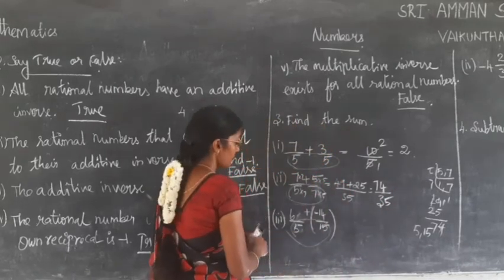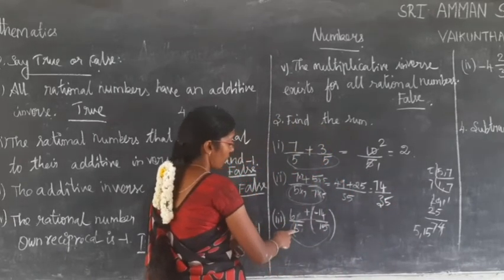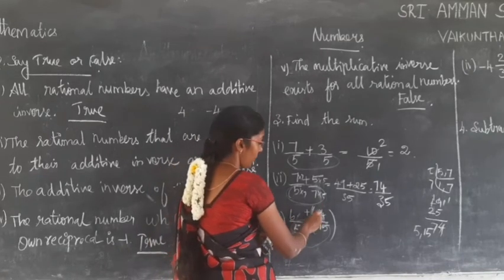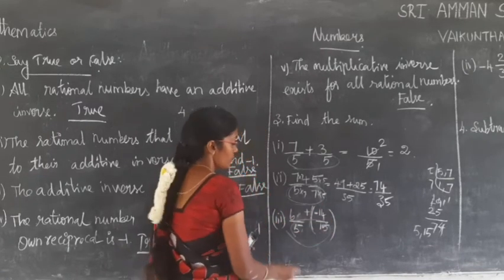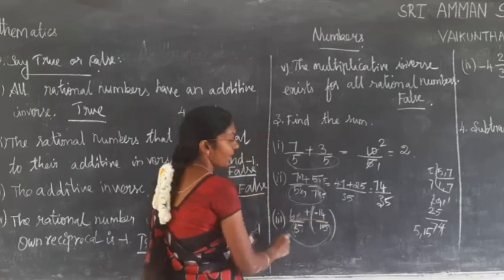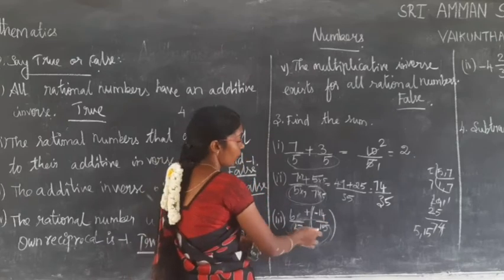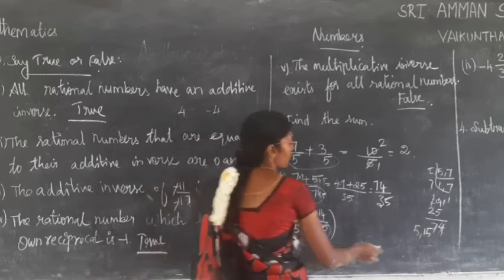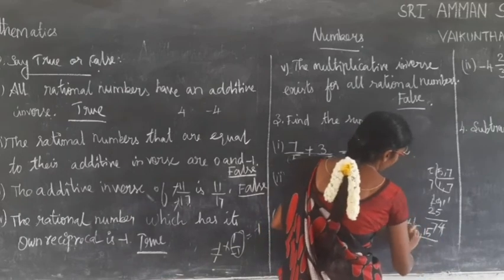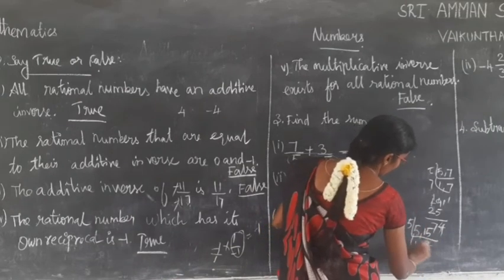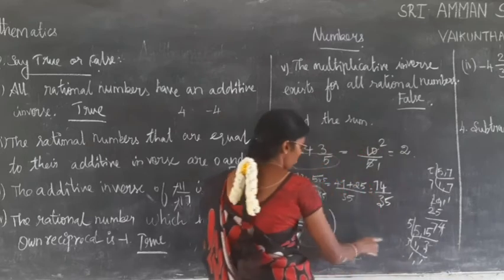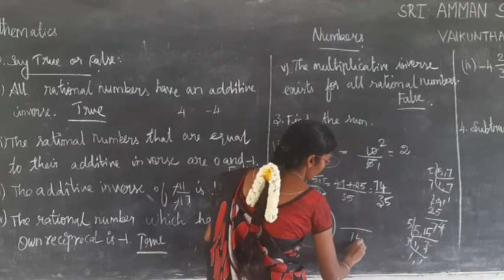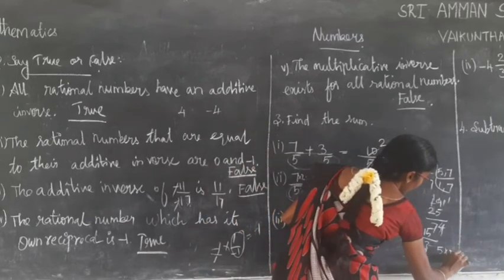Okay. So the next question, see here, 6 by 5 plus, within the bracket, minus 14 by 50. So look here, the denominators all differ. So if the denominators differ, you have to take LCM. So 5, 15. 1 5 is 5, 3 5s are 15. 5 into 3, you will get 15.